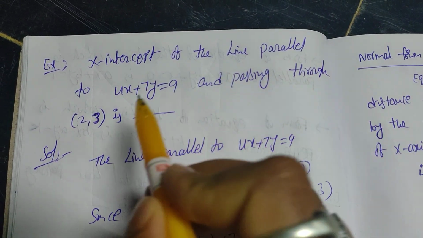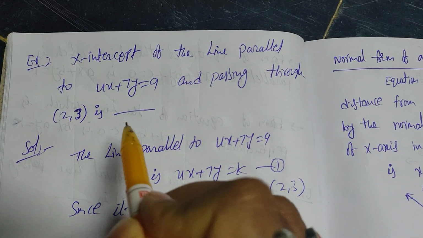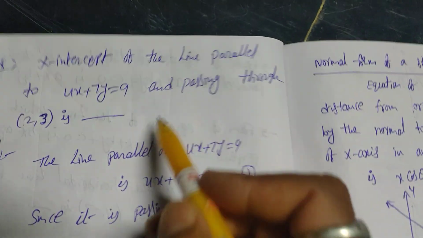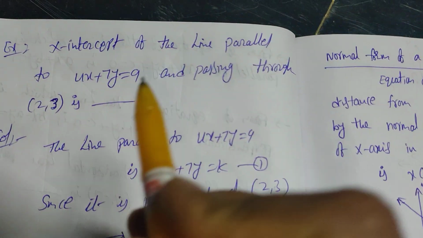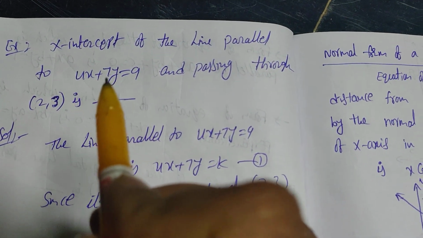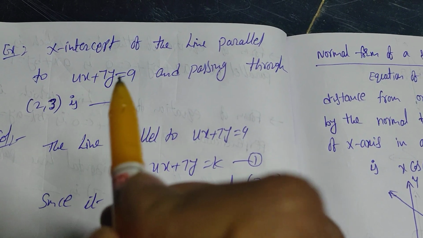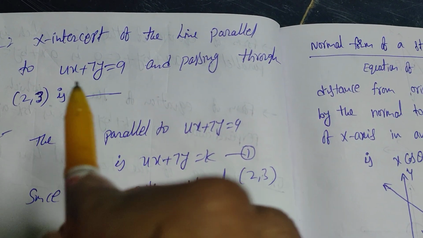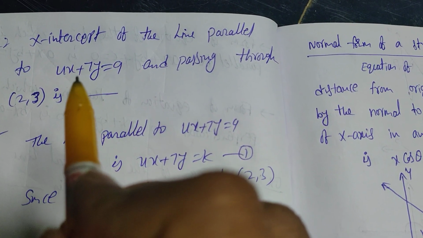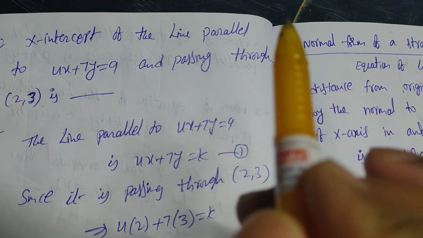The x-intercept of the line parallel to 4x plus 7y is equal to 9 and passing through 2 comma 3 is, see here, already I gave that the line which is parallel to any equation ax plus by plus c is equal to 0 or ax plus by is equal to c also, no problem. So the parallel equation is nothing but 4x plus 7y is equal to some k, very clear.